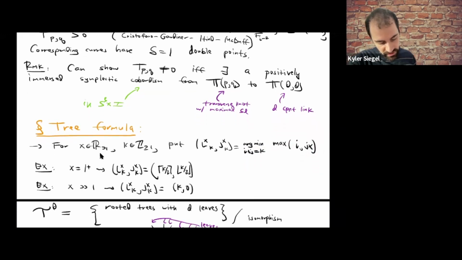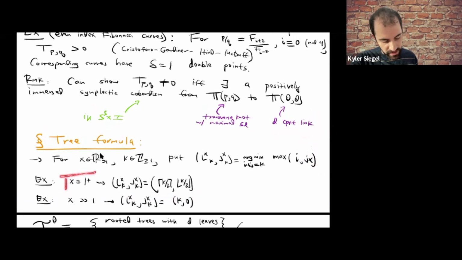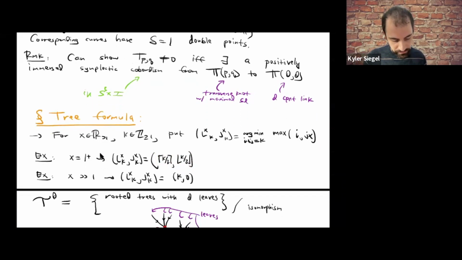For example, if x is infinity, you would never have J be non-zero, so you always just have I be k and J be 0. On the other hand, if x is 1 or a little more than 1, it's most efficient to spread out the I's and J's. So if k is even, you just take the same number of I's and J's: k over 2 and k over 2.